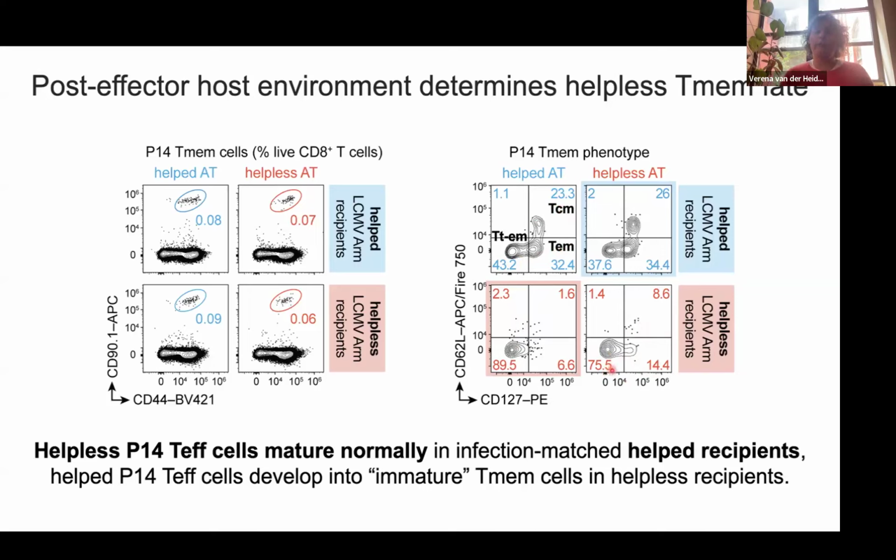But when you transfer helpless P14s into a helped environment, they develop very normally and look pretty much like this helped transfer control. Whereas when you transfer helped effector P14s into a helpless environment, they develop into helpless memory cells. So the environment seems to be very important in this context.